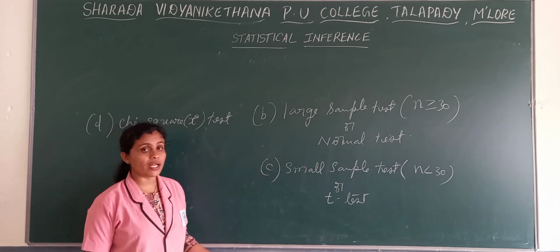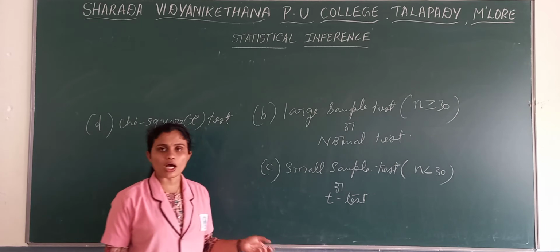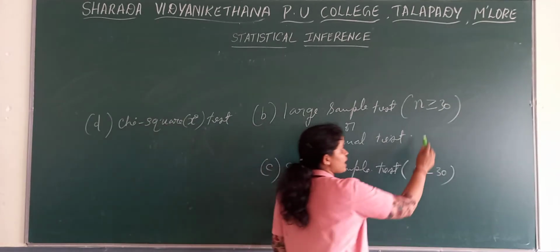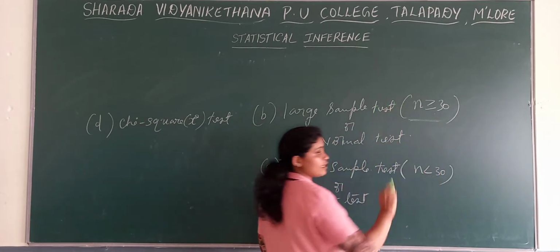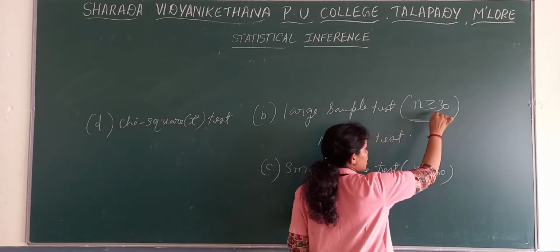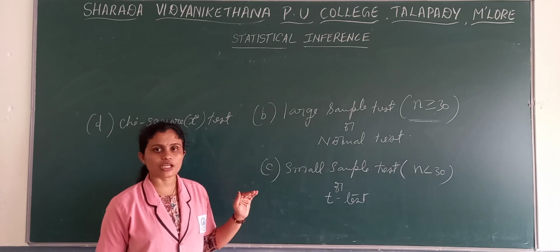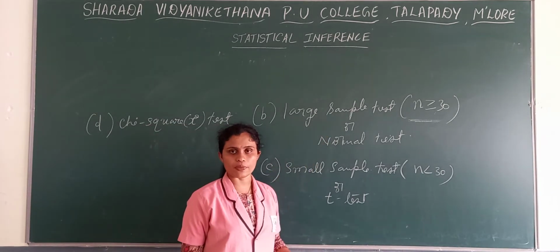Here we are studying 3 units. First, large sample test or normal test, where your sample size is greater than or equal to 30. You should remember this. In a problem, when you see that your n value is greater than or equal to 30, you should immediately know it is a problem of large sample test.